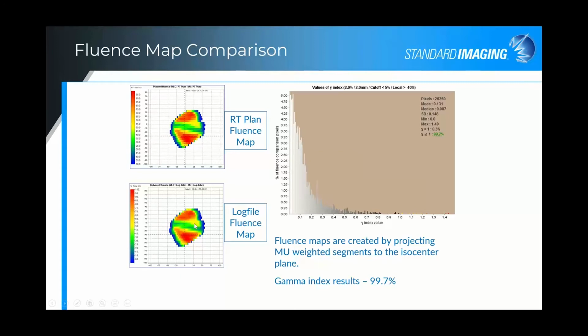And you can review both of those. And then, of course, we generate a gamma comparison. These Fluence maps are created by projecting the MU-weighted segments to the isocenter plane. And in this particular example, we have a gamma pass rate of 99.7%.